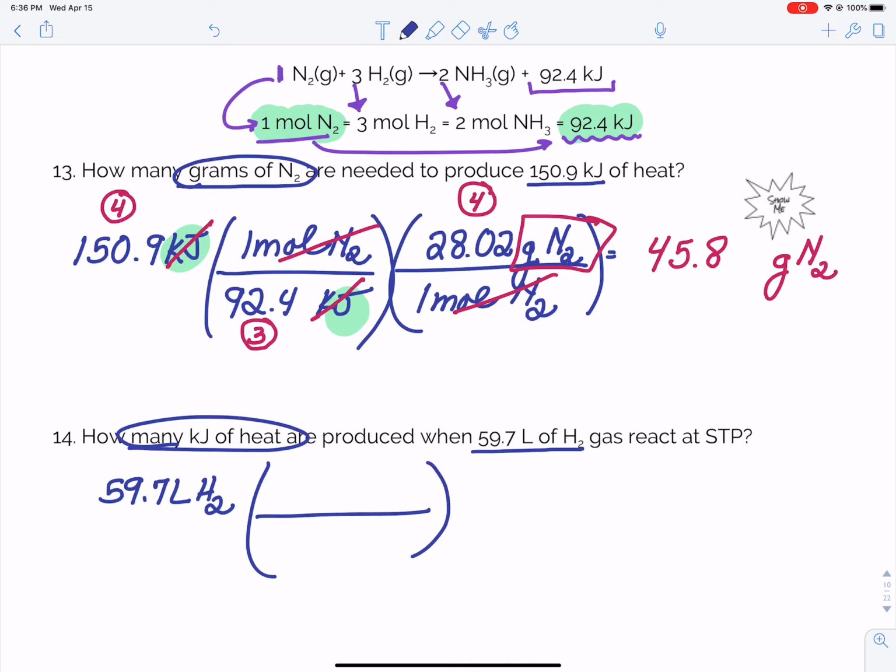If I want to relate hydrogen gas to energy, right? I am going to need to convert to moles of hydrogen gas.